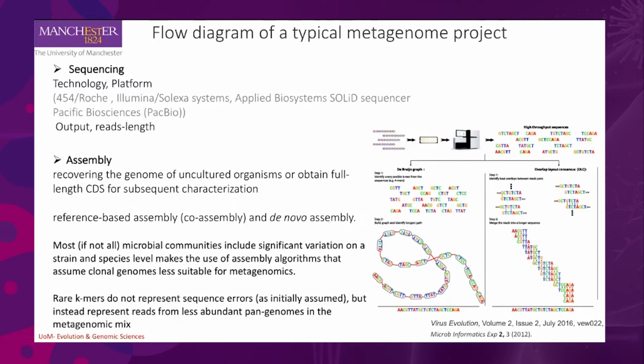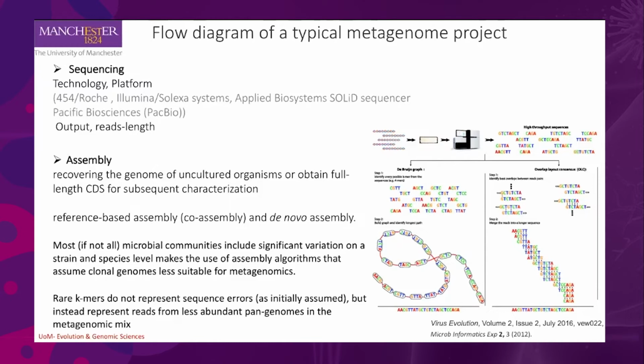So if you have two strains that are quite similar to each other, most probably, at least with the traditional assembly algorithms, they will be referred to as one species. So we lose a fraction of the heterogeneity of the metagenome. But now there are new assembly algorithms that do not assume clonal genomes, so they are used in a much better way in metagenomics.